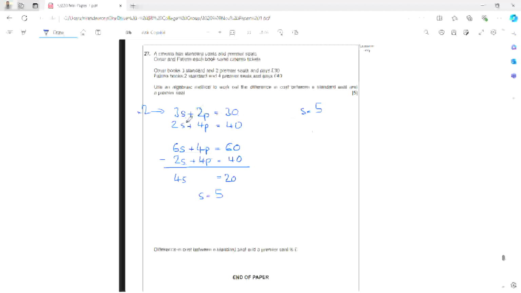I can then use this information that 1 standard ticket equals £5, and bring it back into one of these. So 3 standard tickets is 3 times 5 plus 2 premier tickets equals £30, and 3 times 5 is 15 plus 2 premier tickets cost £30.